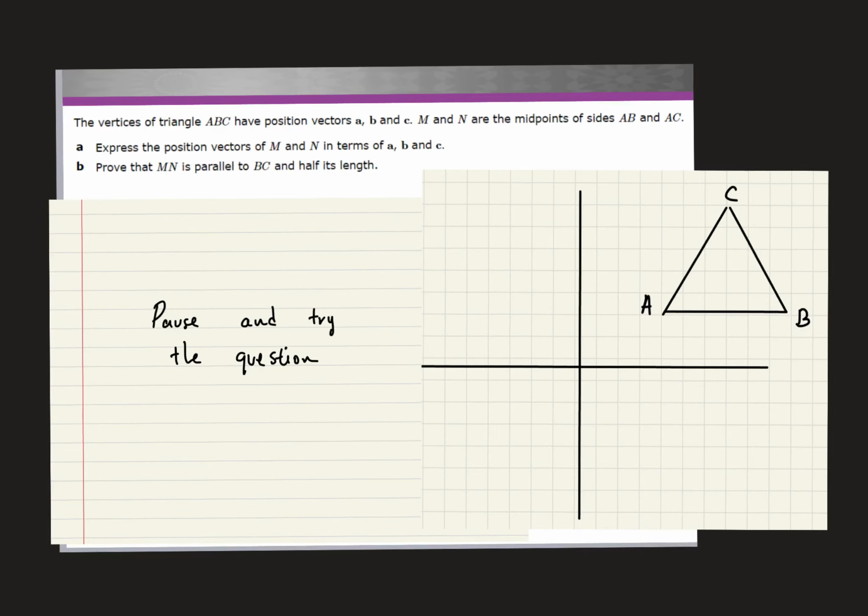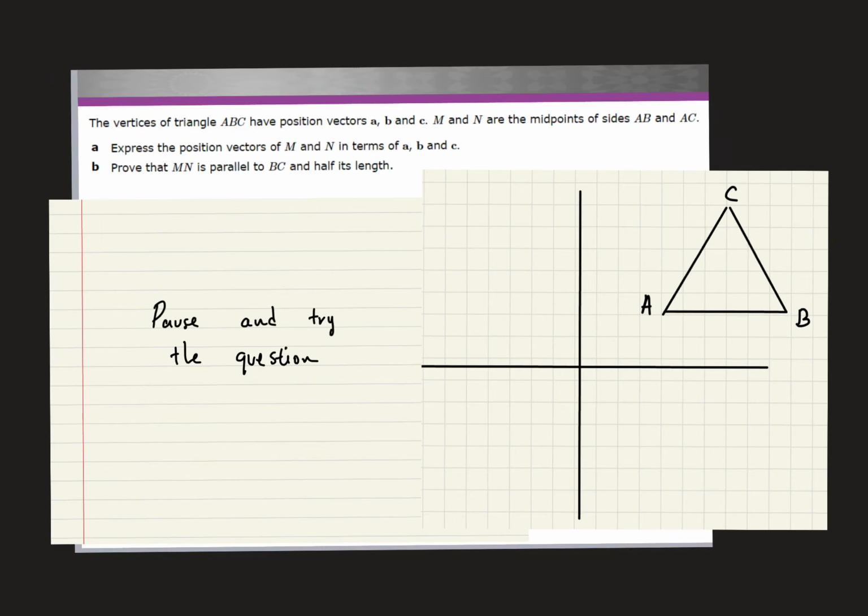So let's have a look at this question. The vertices of triangle ABC have position vectors A, B, and C. Because they are position vectors, and you want M and N, M would be here, N would be there.